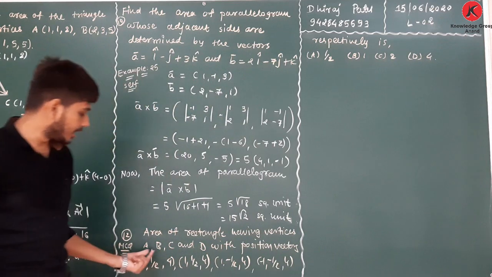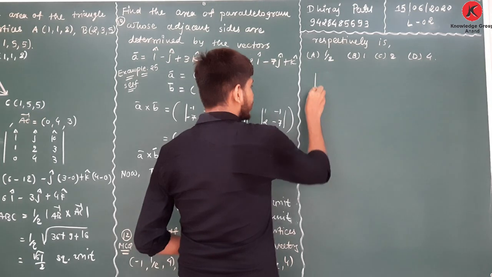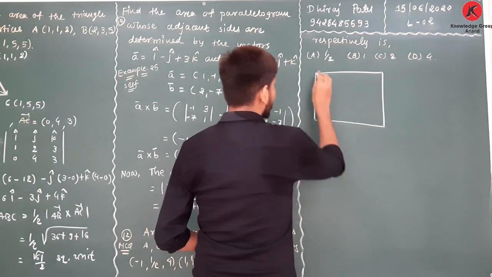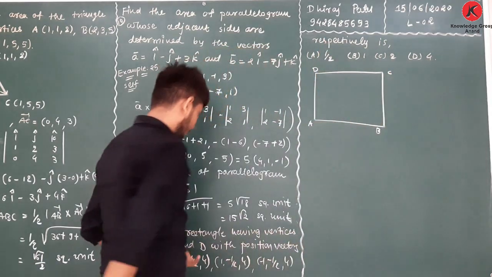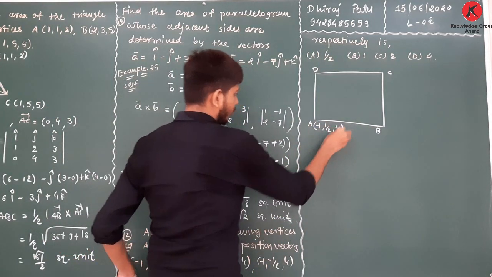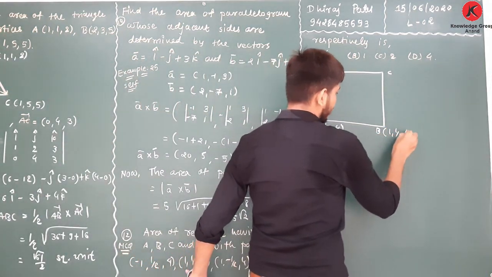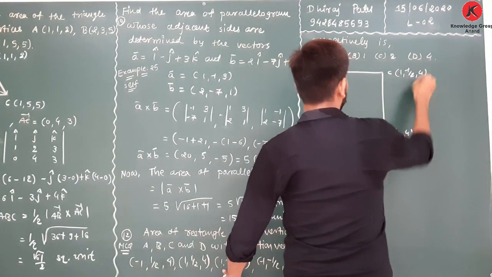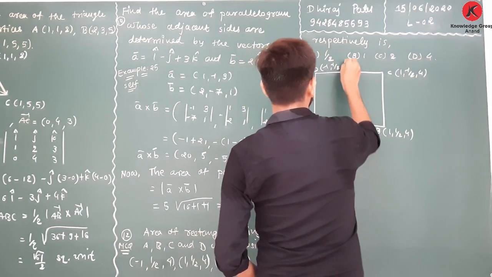This is our rectangle ABCD, and the position vectors are given. A is minus 1, 1 by 2, 4. B is 1, 1 by 2, 4. C is 1, minus 1 by 2, 4, and D is minus 1, minus 1 by 2, 4.